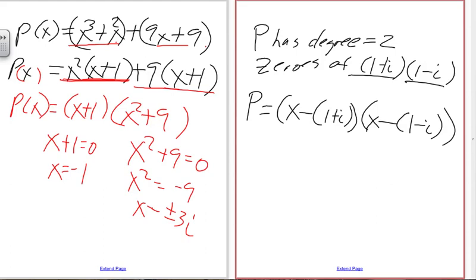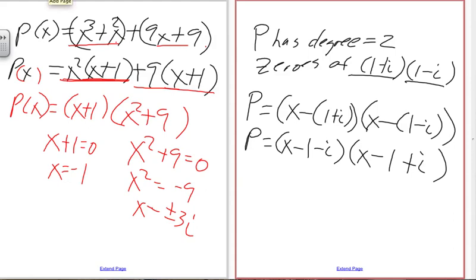The first thing I'm going to do then is distribute this in. So P will be x minus 1 minus i, and this will be x minus 1 plus i.